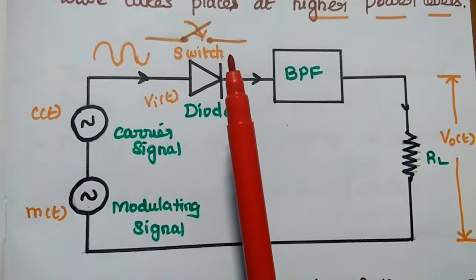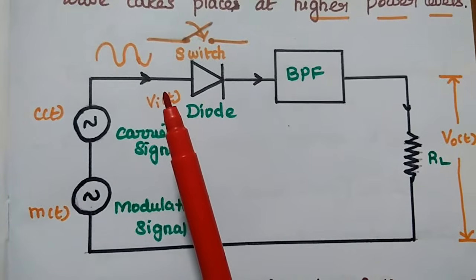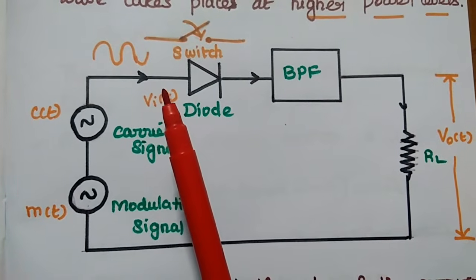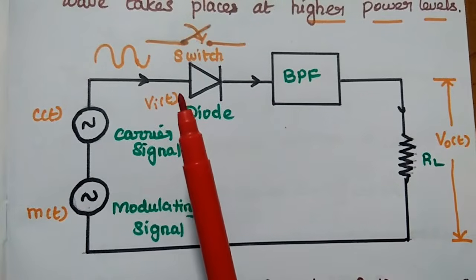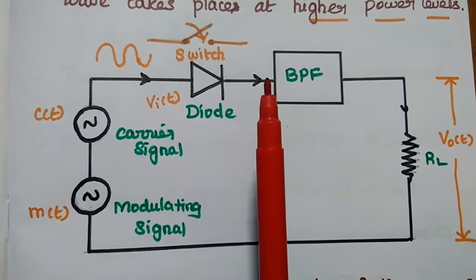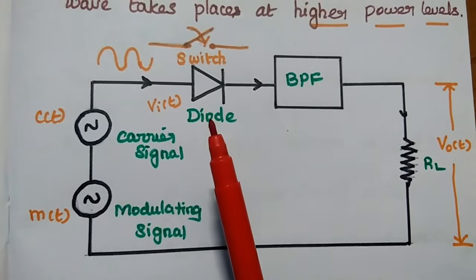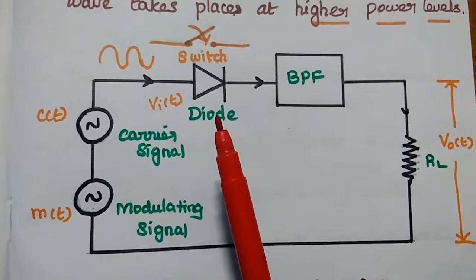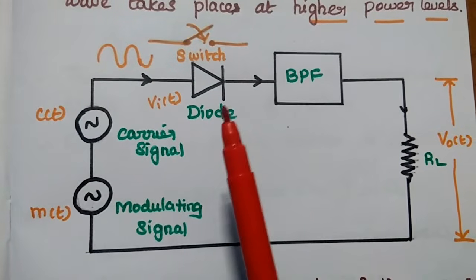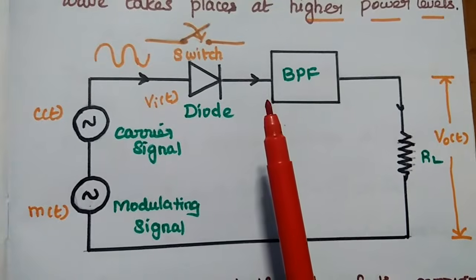If it is a closed switch, the output is equal to the input. During the negative half cycle, the diode is reverse biased and acts as an open switch. At that time, there is no output.